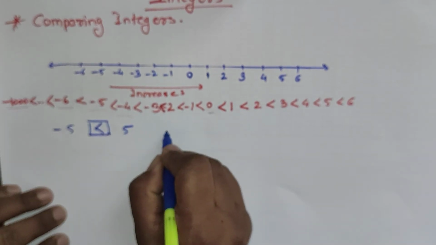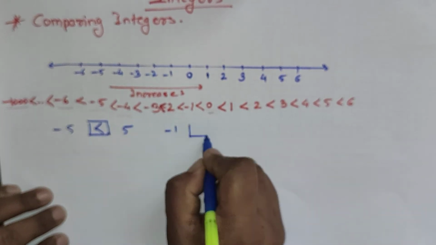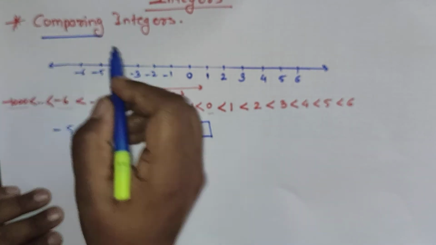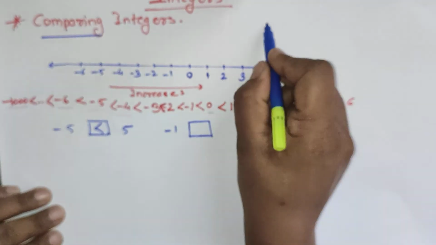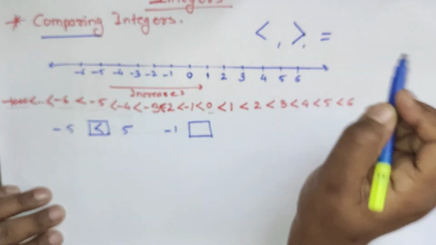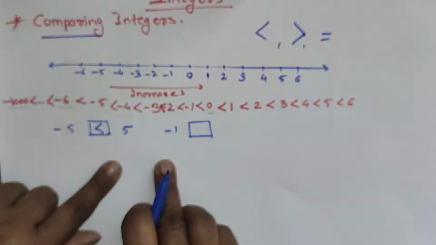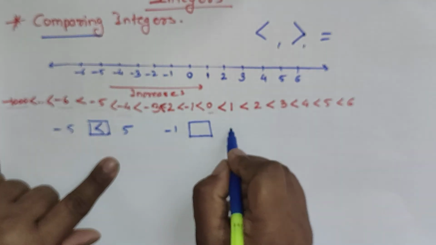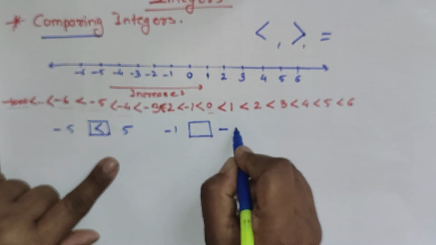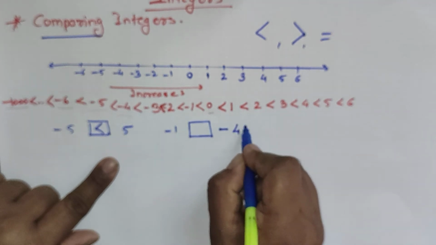Suppose I write here -1 and a box, meaning you have to write the comparing sign: greater than, smaller than, or equal to. And here I have written -45.